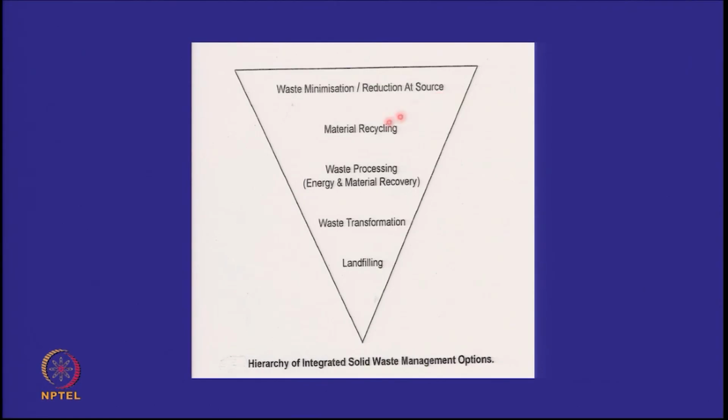If more investments have to be made, they should be made in terms of material recycling and waste processing. Material recycling is higher in the hierarchy because here you are able to get the materials without putting energy into the process. In waste processing, you might have to put in a little energy so that you can recover the other things. Finally, waste transformation and landfilling.